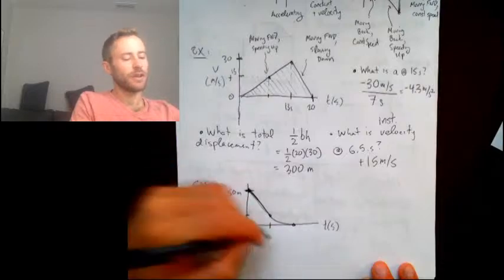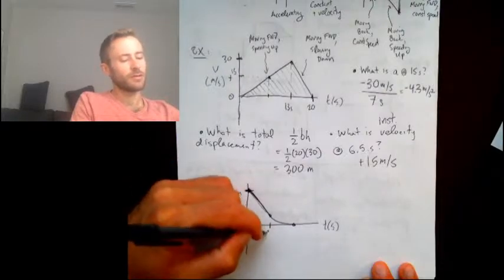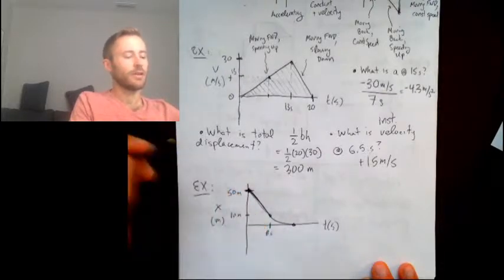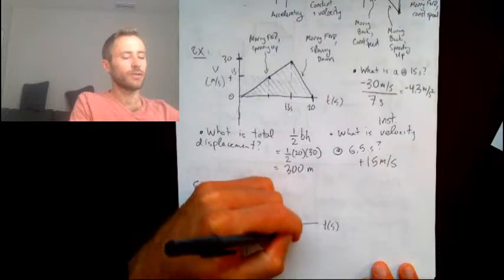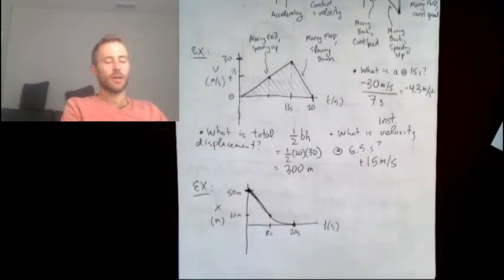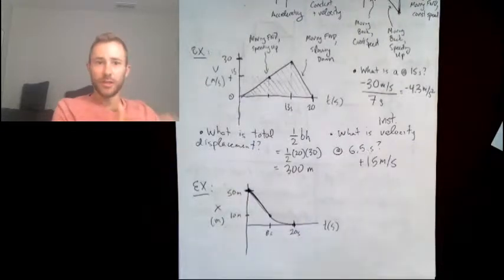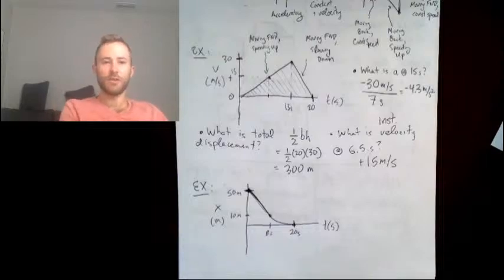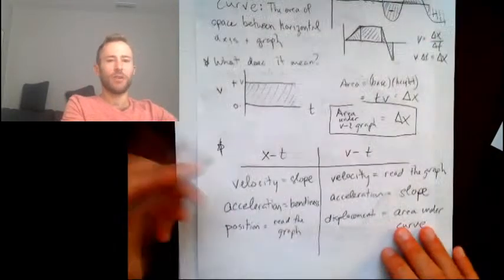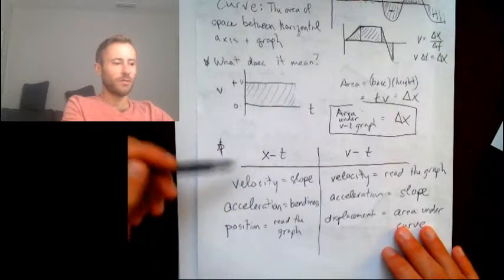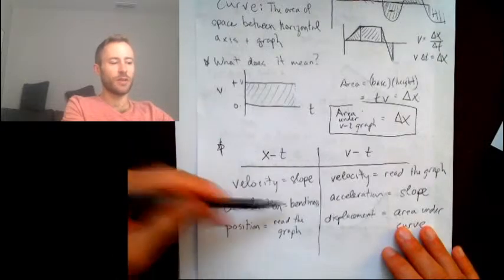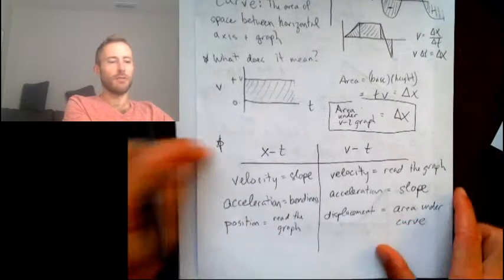This is 8 seconds. And this is 20 seconds. Okay, so what do we have going on here? This is a position time graph. So this is what I'm looking at. Velocity is slope, acceleration is bendiness, position, read the graph.